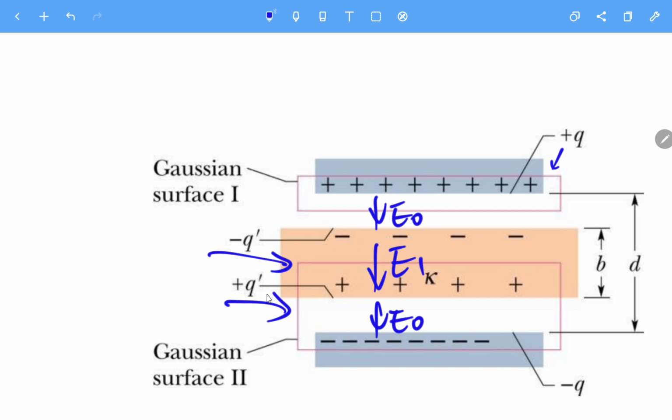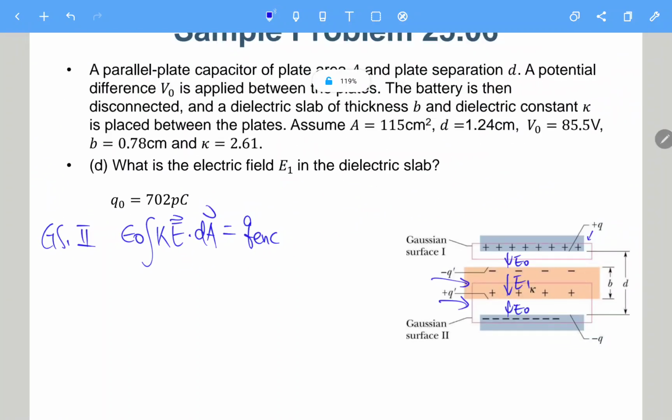Although there are some plus Q prime, negative Q prime here, we don't consider those as free charge. In the textbook or in the slides, it is mentioned that we don't consider the charges inside the dielectric to be part of Q enclosed. So here the Q enclosed is only negative Q.